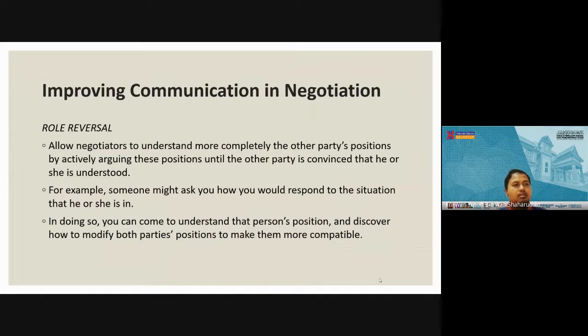If you were me, do you think this condominium is big enough for your family?" It's as if you are putting yourself in their shoes and they are putting themselves in yours. In doing so, you can come to understand that person's position and discover how to modify both parties' positions to make them more compatible, especially in integrative negotiation.